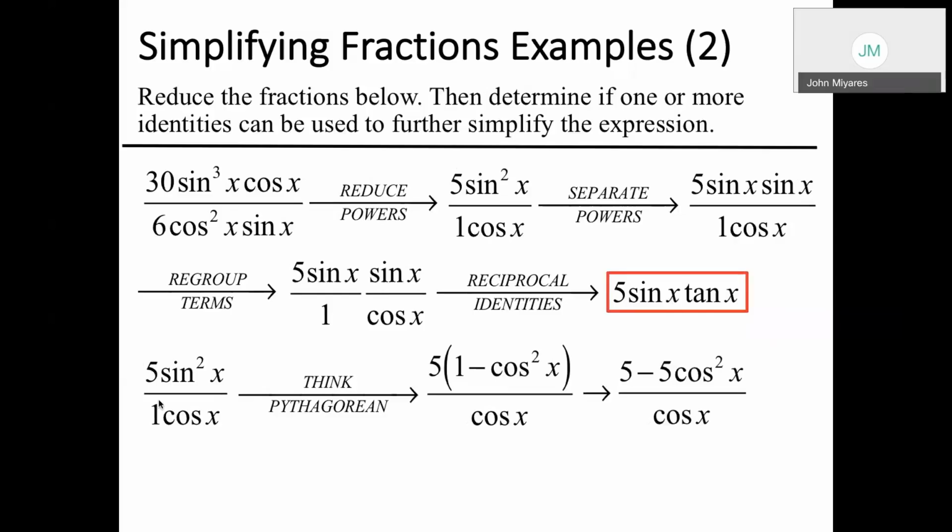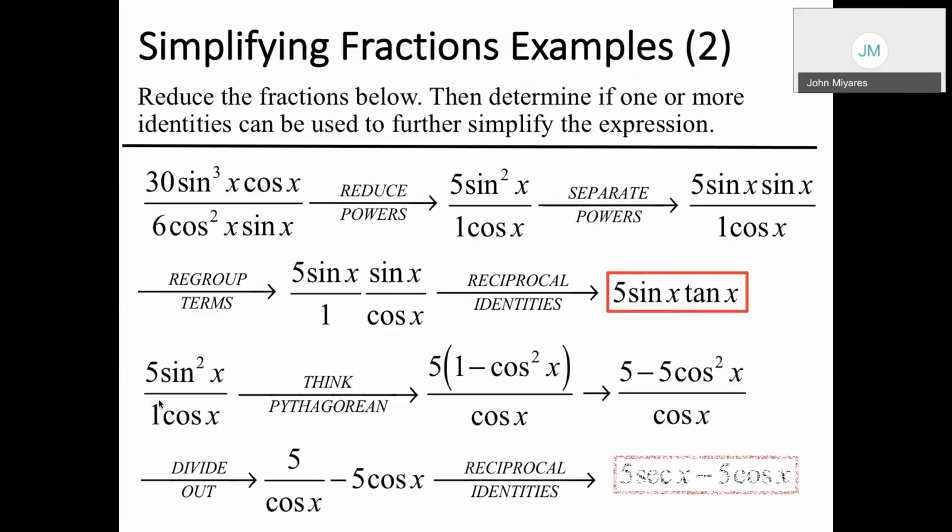Next, we could divide each term in the top by the cosine of x that's in the denominator, which would give us 5 over the cosine of x minus 5 times the cosine of x.